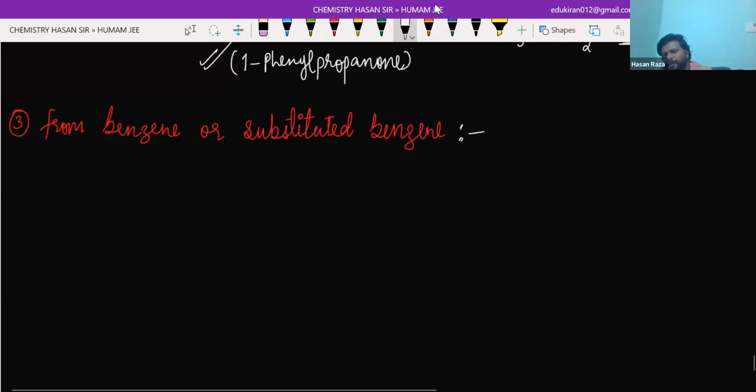If you have seen it in other chapters, Friedel-Crafts acylation will give you ketone definitely. So basically, whenever a benzene or substituted benzene is going to react with acyl halide or acid chloride in the presence of anhydrous AlCl3, which is an electrophilic substitution reaction, there will be generation of an electrophile which will attack on the benzene. Let's say this is the situation. This is your benzene.